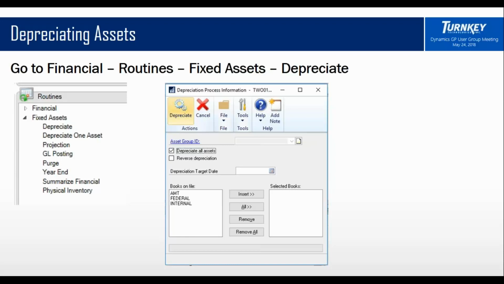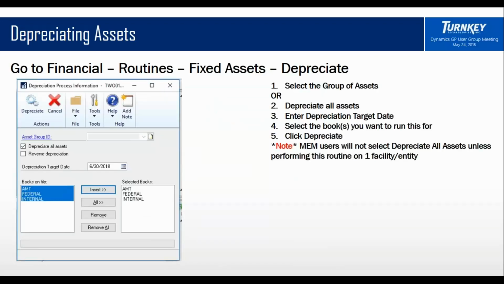But the depreciation process is that you go to financial, routines, fixed assets, and then depreciate. From here, you either select a group of assets at the top, or you just click on depreciate all assets. And then you enter your target date that you want it to go through.